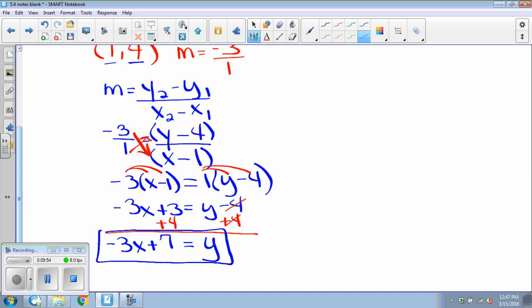What's my slope? Negative 3. They gave us the slope. The slope's -3. What's my y-intercept? 7. It crosses the y-axis at +7. So you put a dot on 7 on the y-axis, and then from there, you go down 3 and to the right 1. If you needed to graph it.